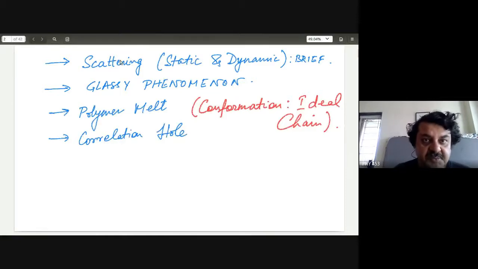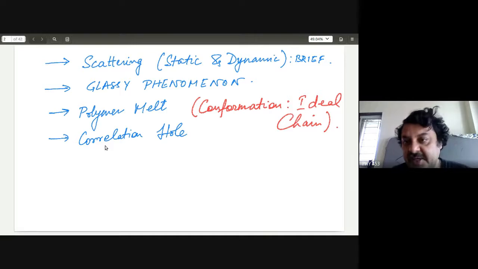We'll start with polymer melts, go a bit into scattering phenomena, and thereby describe some of the statistical quantities. Using that, there will be a separate module on microscopic structural quantities and glassy phenomena, because only knowing that shall you be able to understand the physics of polymer melts, and at the end come to the idea of correlation hole in greater detail using all that has been built up.